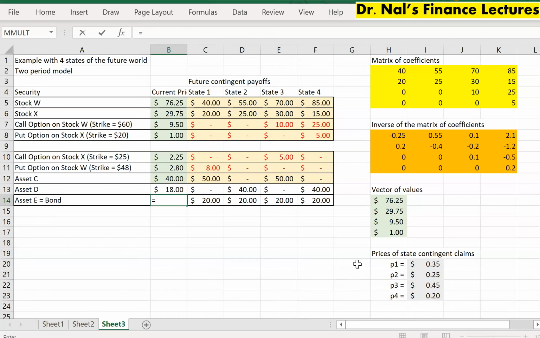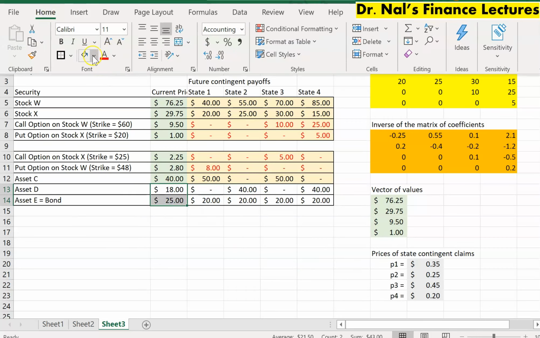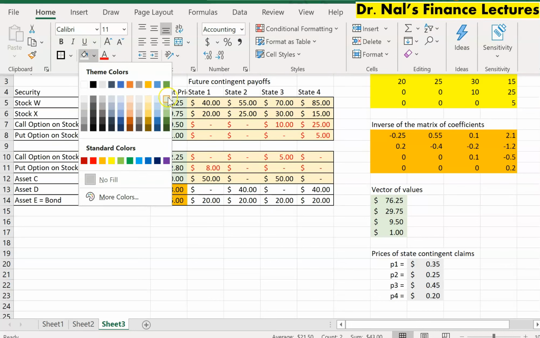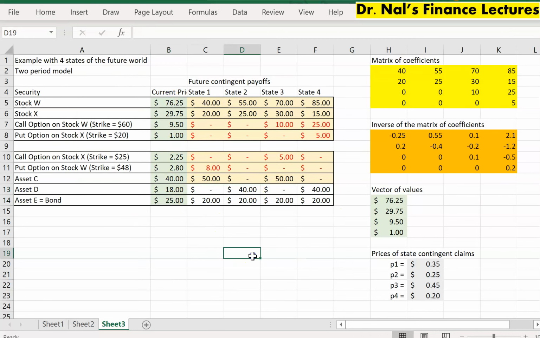It's like an economy like Japan, I guess. Let me do it again. Matrix multiplication. So these, comma, that. That's it. Whew. All right. So these are effectively the prices of these securities, and it's very easy to get the price of pretty much any security using these methodologies.